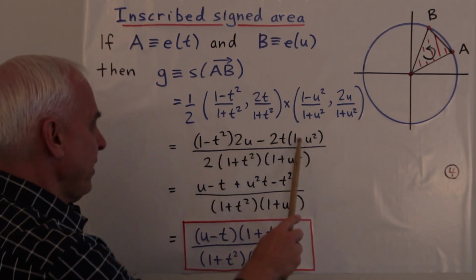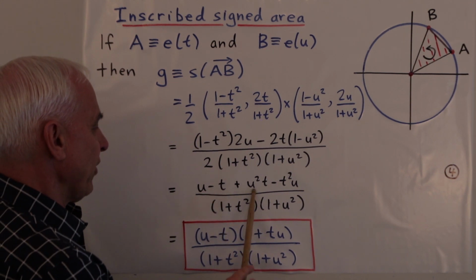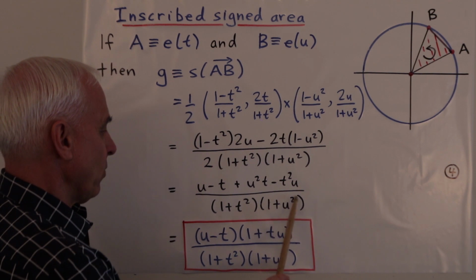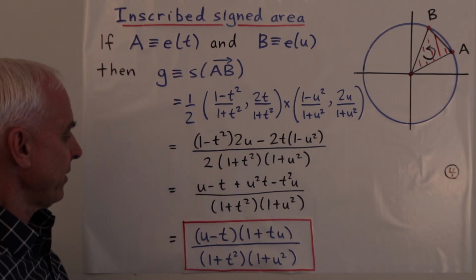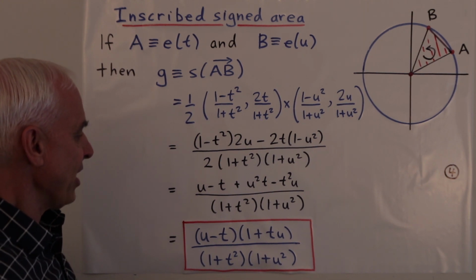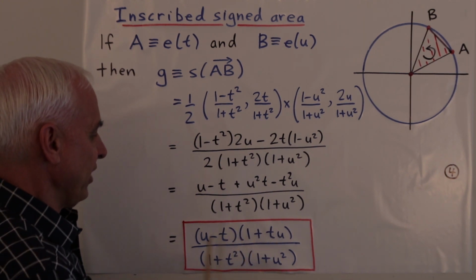You can check that this simplifies to u minus t plus u squared t minus t squared u, all over the factors 1 plus t squared, 1 plus u squared. And then this has a common factor of u minus t, which is not surprising. The other factor is 1 plus tu.